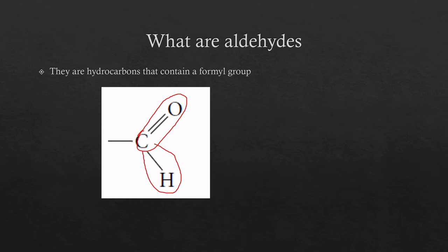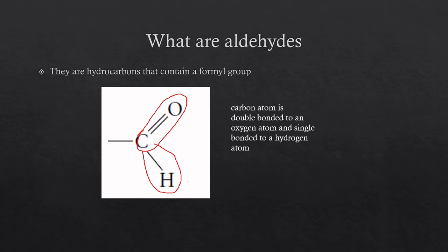The rest of this molecule can go along in this way, but this is what a formyl group looks like. It has a carbon that's double bonded to an oxygen, and the same carbon is also bound to a hydrogen.